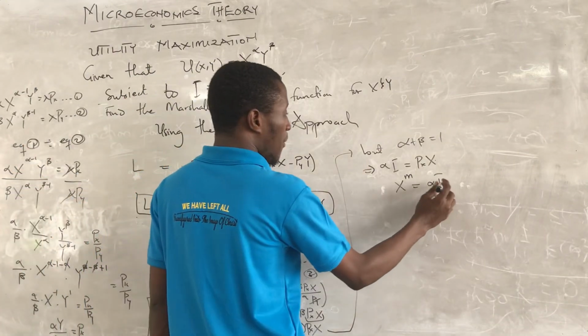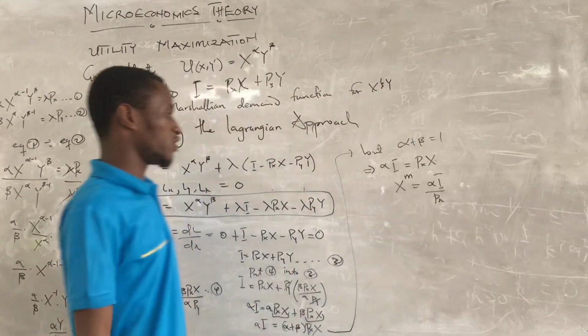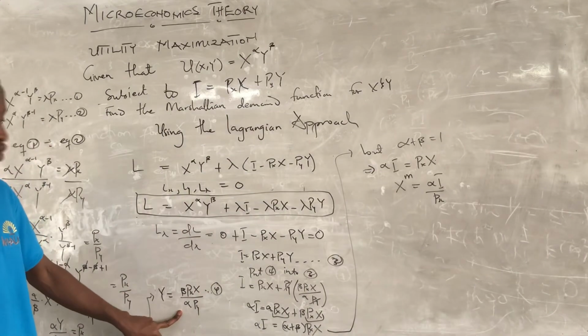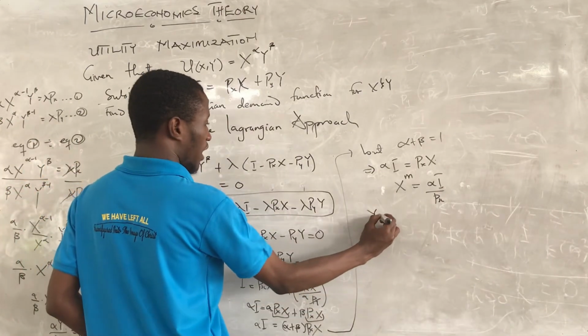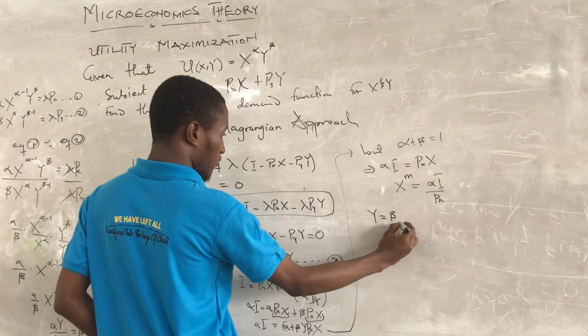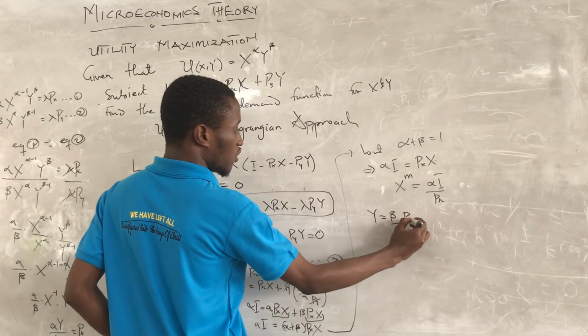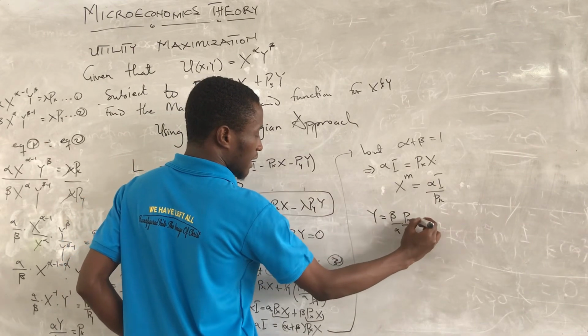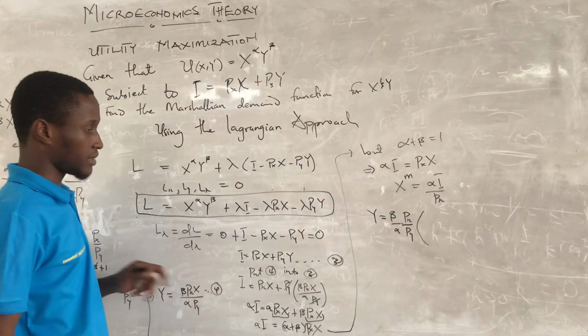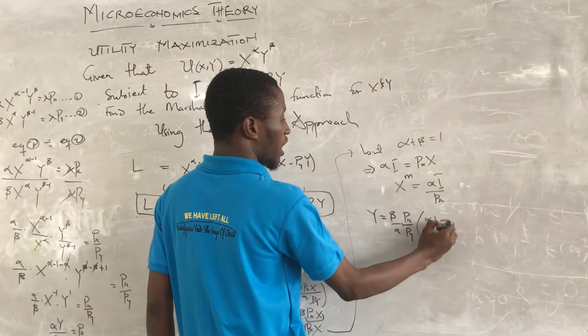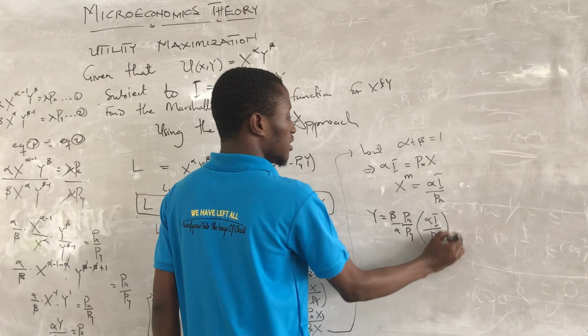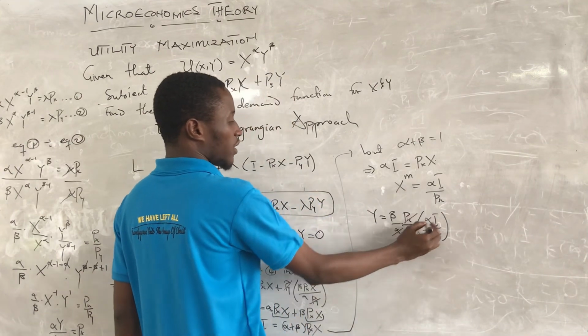So I'll put this Marshallian demand function for x into the y. So I'll now have y equal to beta over alpha, px over py, then times x, so I'll have alpha I over px. This px cancels this px, this alpha cancels this alpha.